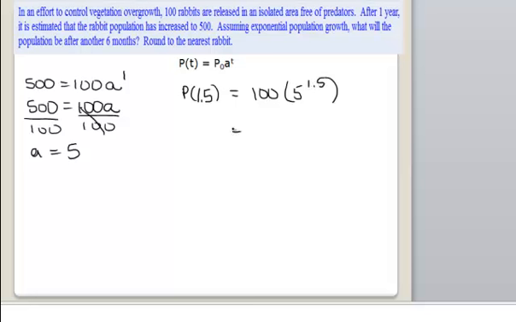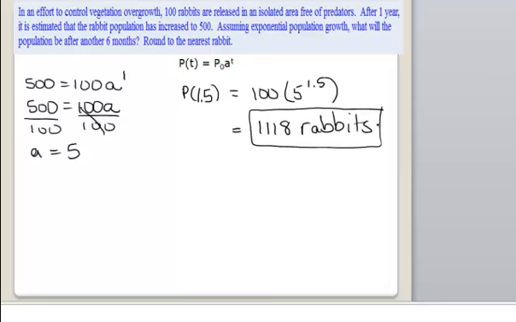Now we just plug this into our calculator: 100 times 5 to the 1.5, and we get approximately 1,118 rabbits. That's pretty crazy, isn't it?